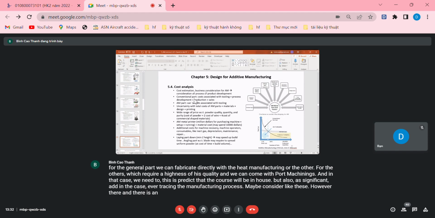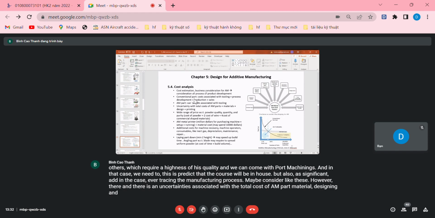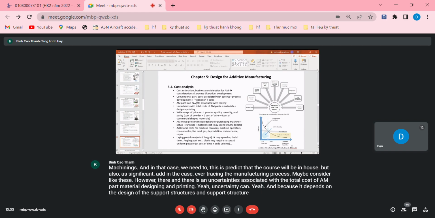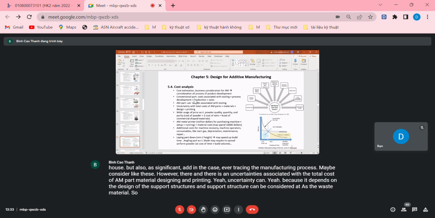However, there are uncertainties associated with the total cost of an AM part: material, designing, and printing. Uncertainty, yeah. Because it depends on the design of the support structures, and support structure can be considered as waste material.